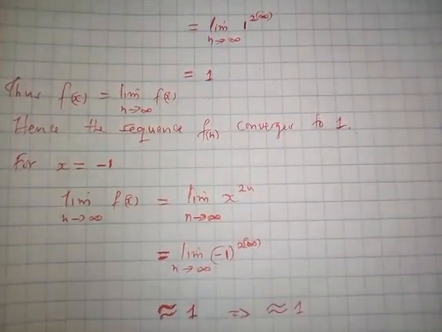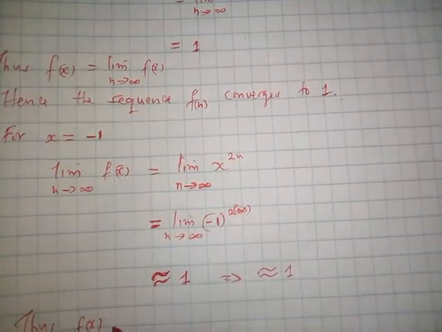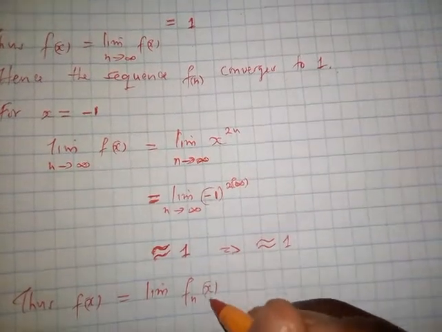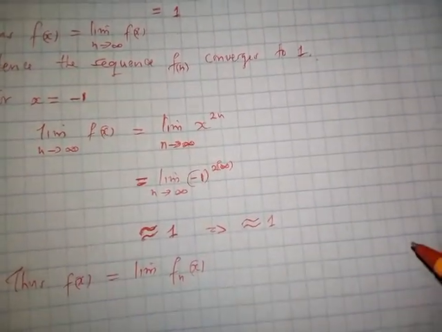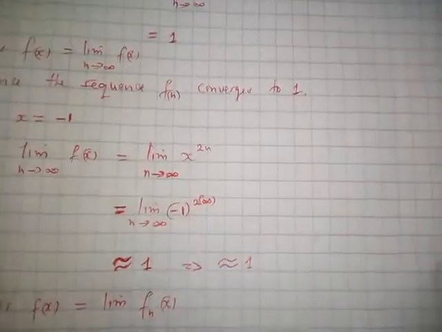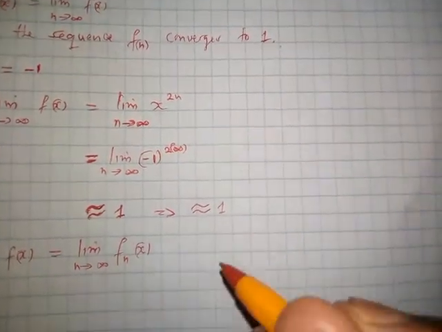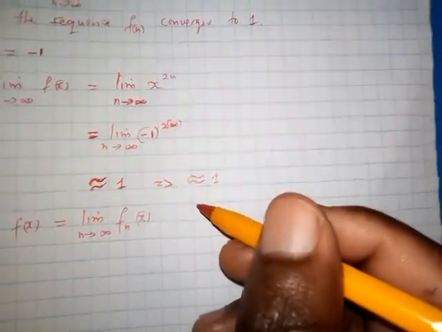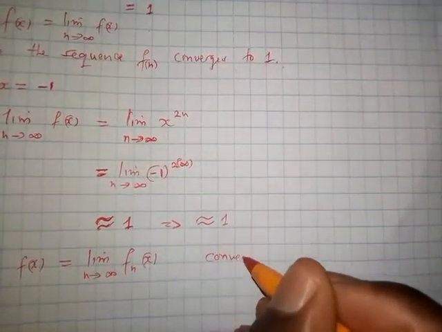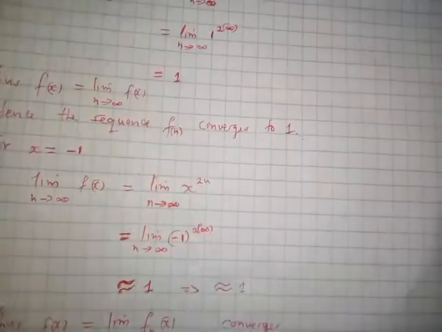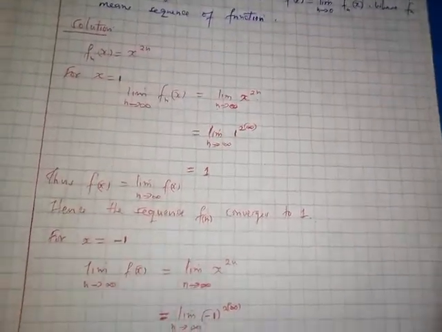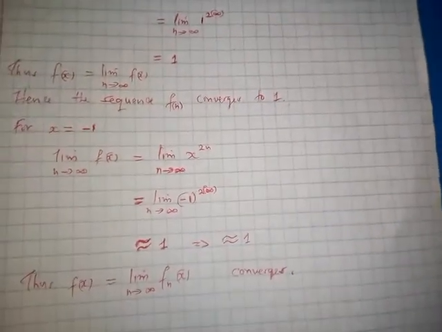Thus f(x) is equal to the limit of f_n(x) as n tends to infinity, and it converges. And up to that point we are through.